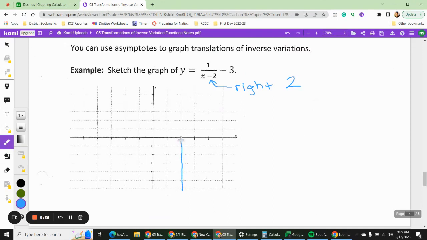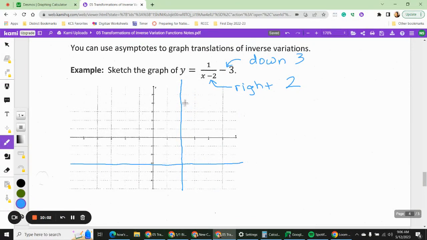This is going to be our new guardrail, our new line that's an endpoint here. Now, the minus 3 that comes after the fraction means the graph moves down 3. So I'm going to draw an asymptote, start at the center and go down 1, 2, 3, and draw a line there. And these lines are my new asymptotes.